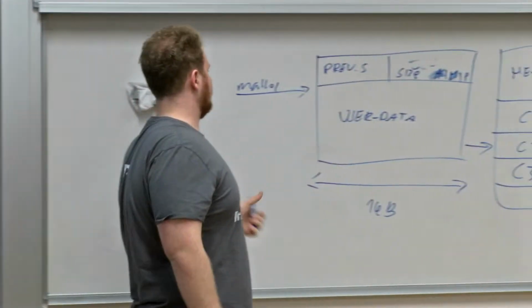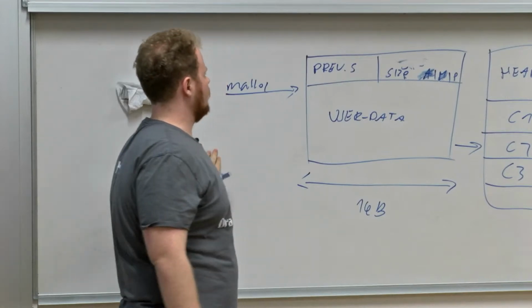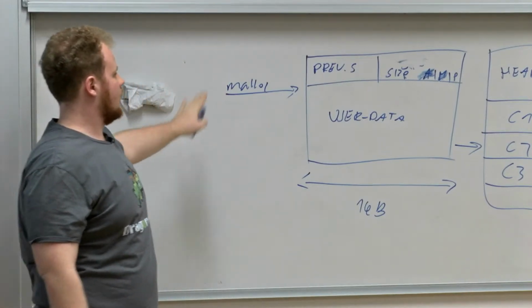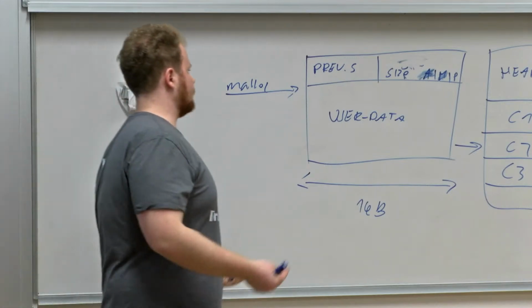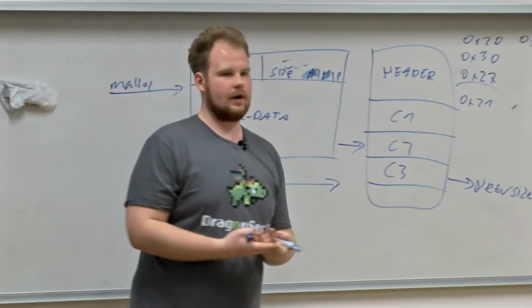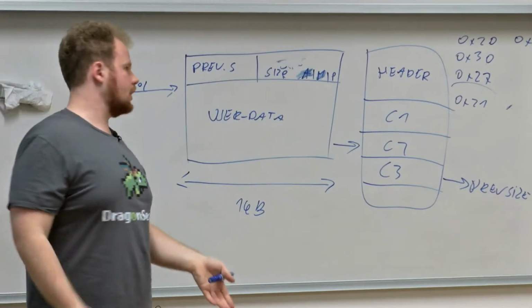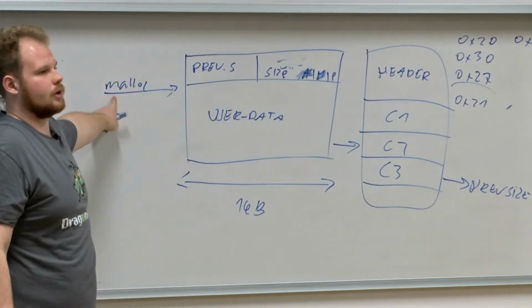Okay, so this is how a malloc chunk looks like. So this is the chunk that was allocated in the memory and is ready to use. But as soon as we are done with the chunk, we have to free it. We have to call free on this same pointer.